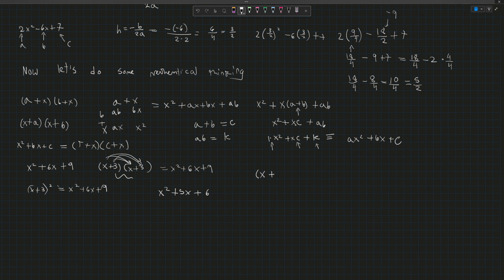We could say that, assuming we're going to take this general form right here, something plus something has to be equal to this form. So we want two numbers that when you multiply them you get 6, but when you add them up you get 5. We could take a guess, and we could say, let's try doing something 2. Let's do 1 times 6, right? So we could do it like this.